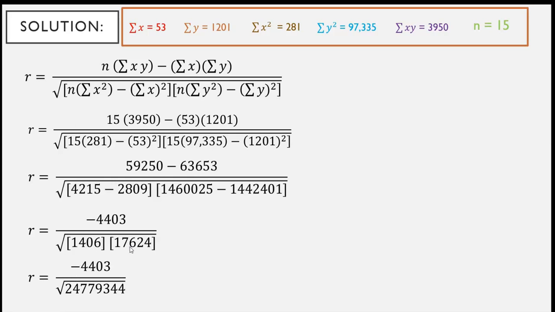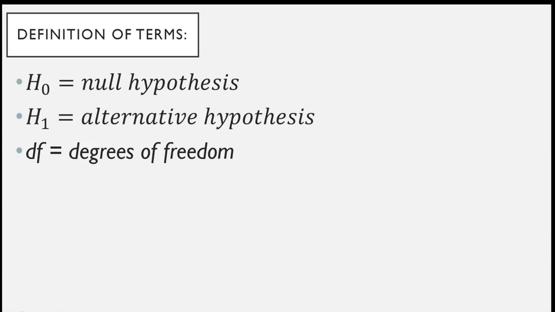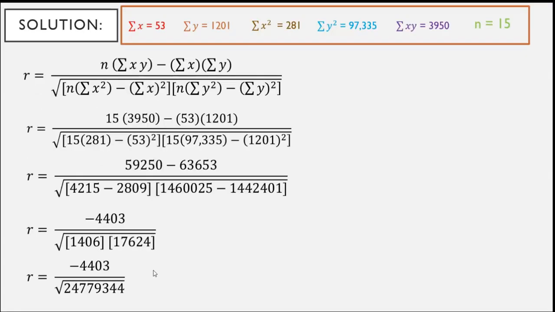Let's simplify further. 1,406 times 17,624 is 24,779,344. So let's take the square root of 24,779,344. The square root is 4,977.89. We rounded it off to two decimal places.